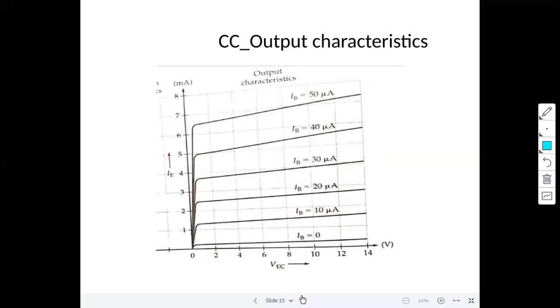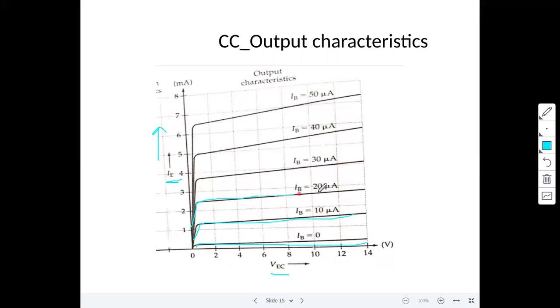And coming to the output characteristics, this is the CC output characteristics. What is the output current here? Emitter current. Output current versus output voltage, with different constant input currents.